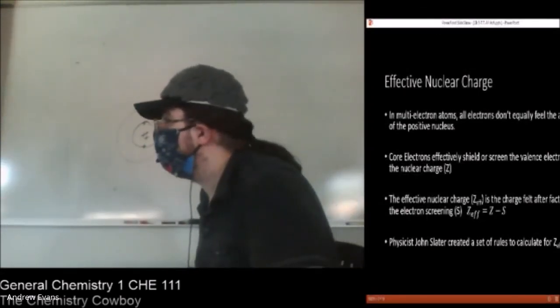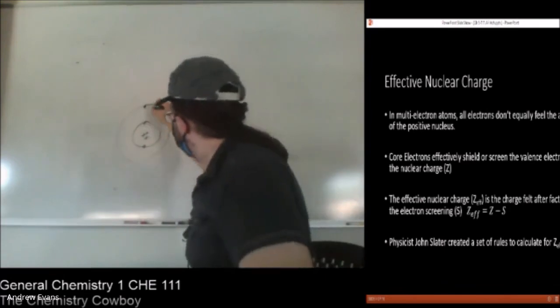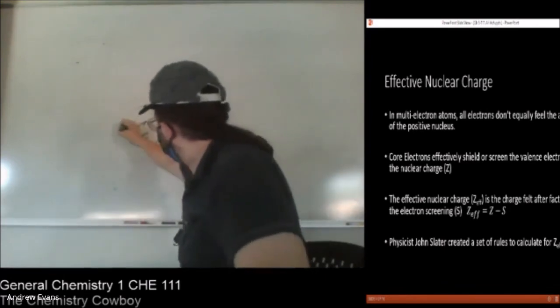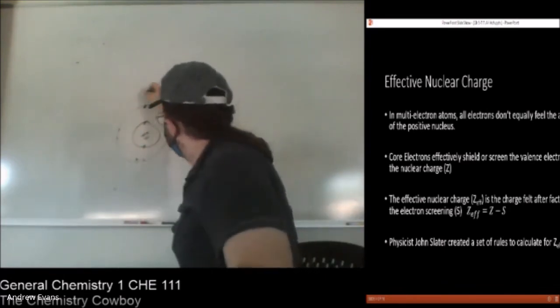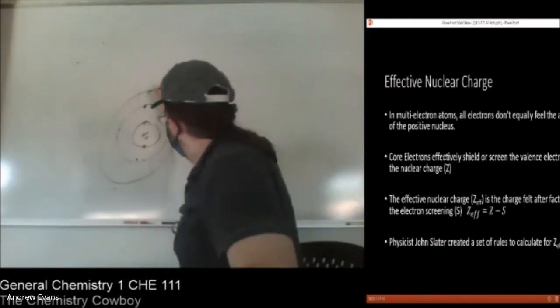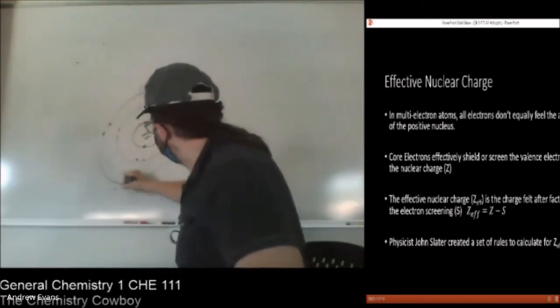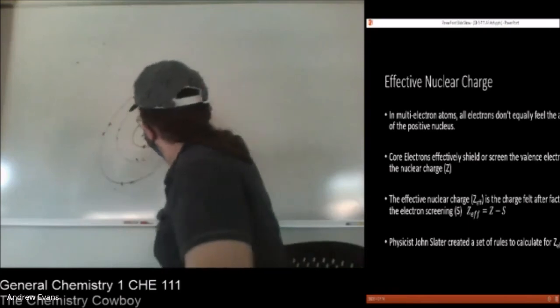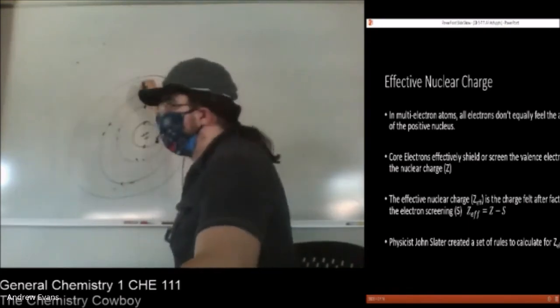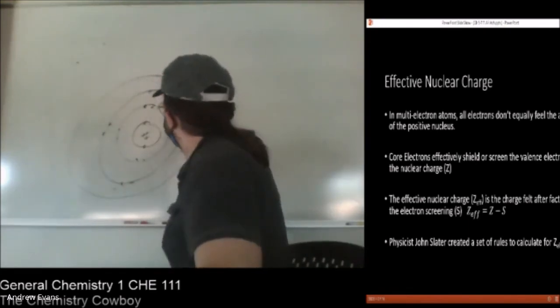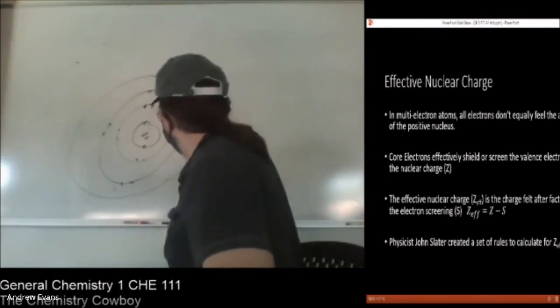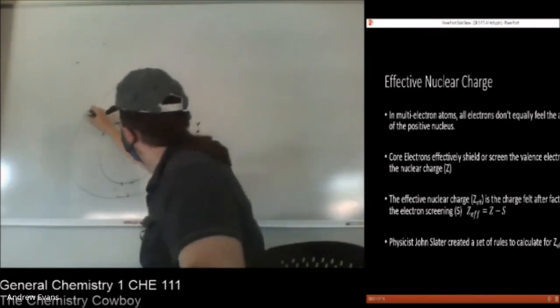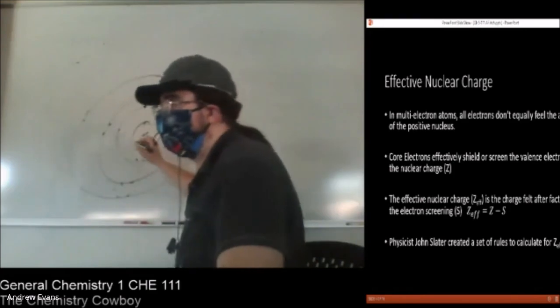Bromine is going to have 3 layers in the core that are going to shield the outer electrons. There's going to be a lot of electrons in the outer level that I'm not even going to try to draw.